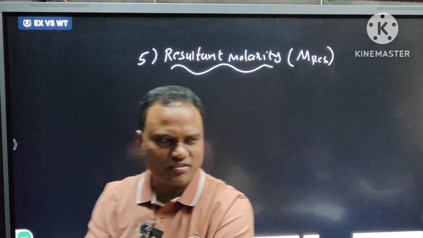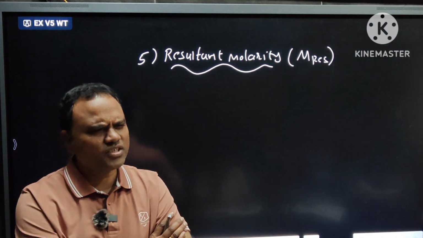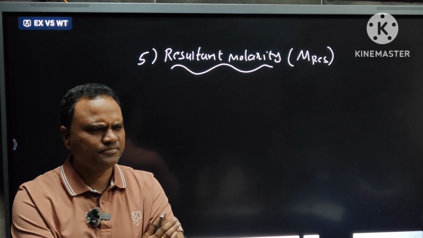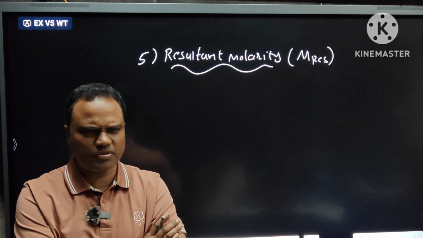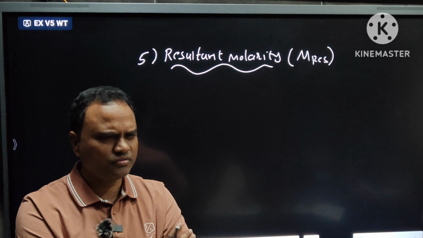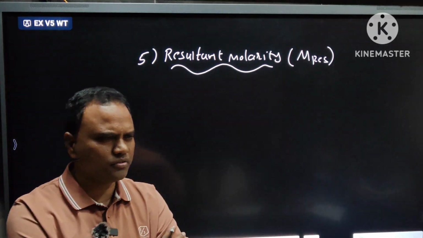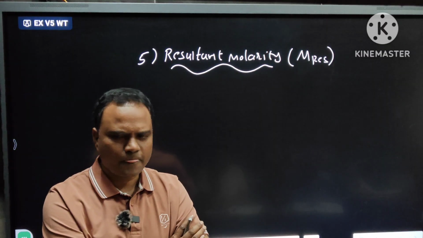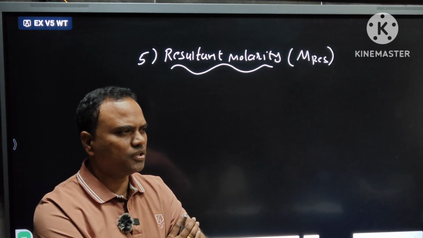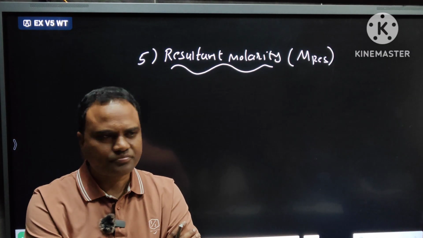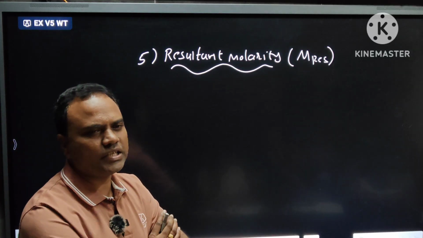I think you didn't revise, right? First, second year physical, I think was completed 2 months before only, na. Solutions finished or not? Solutions chapter, kinetics. Anybody? Resultant molarity. No idea?